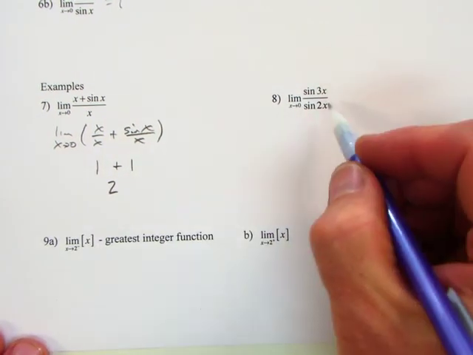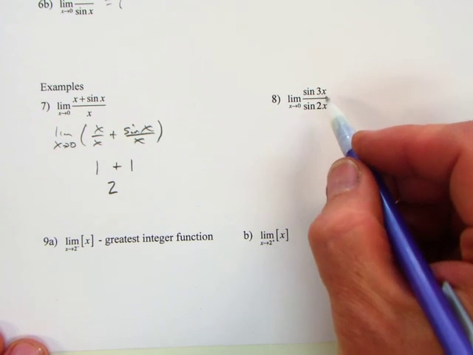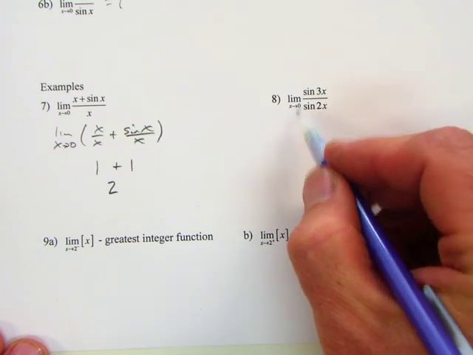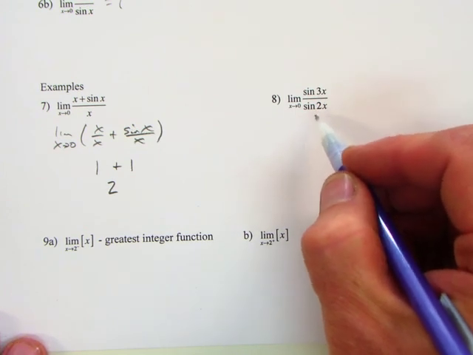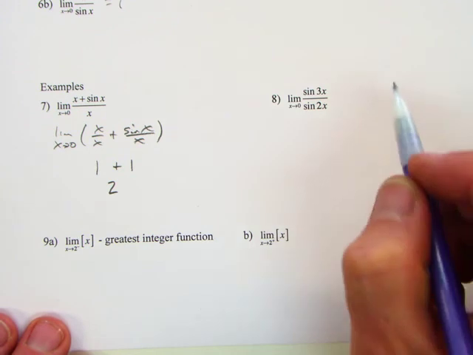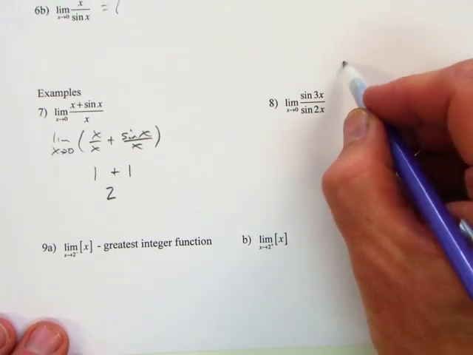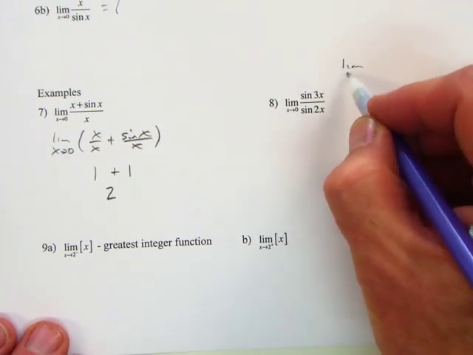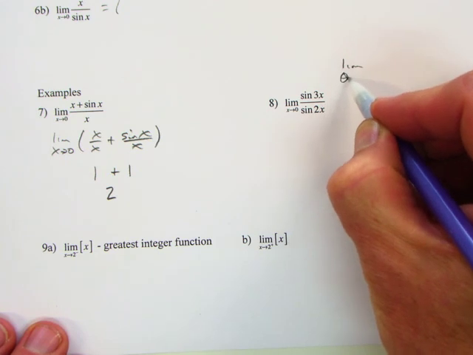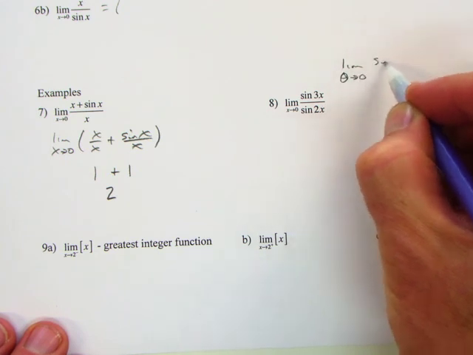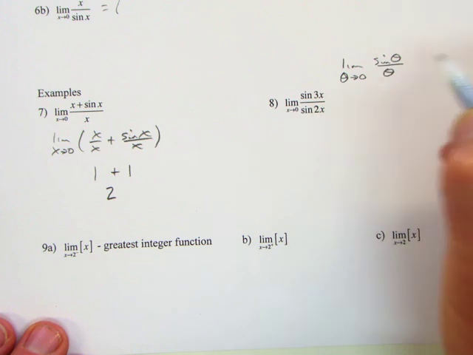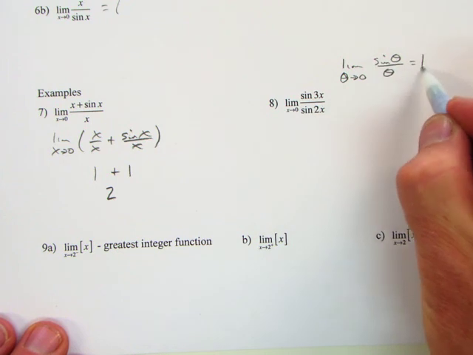Now we come over here, and this says the limit as x goes to 0, sine 3x over sine 2x. This is a great one to play around with and see if you can figure it out. I'd strongly recommend hitting pause. Recall that we have the limit as x goes to 0, sine x over x. Another way I could write it is limit as theta goes to 0 of sine of theta over theta equals 1.